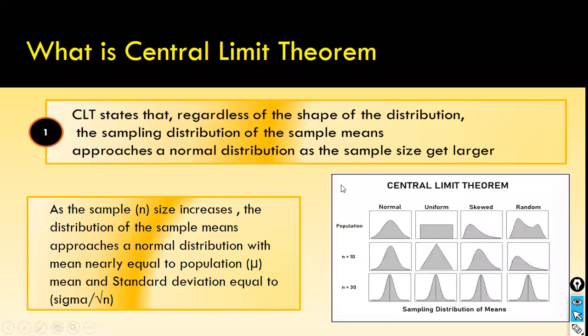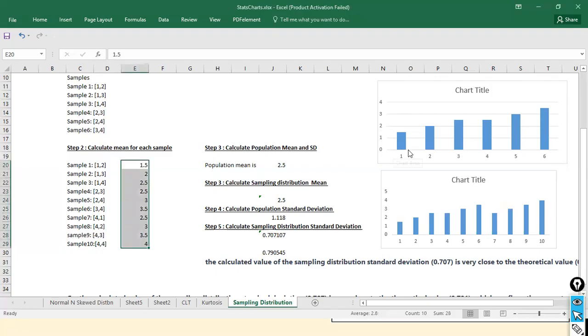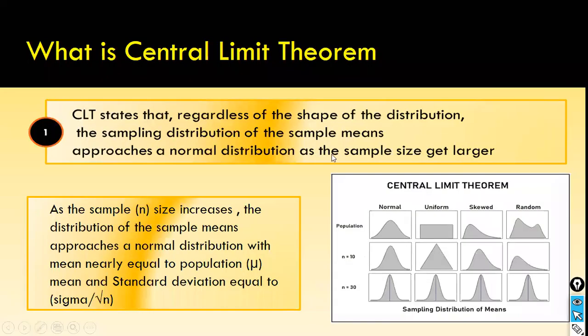So in the case of the central limit theorem, the sampling distribution of the sample means is formed from the means of different samples. If you plot these means in a chart, that is nothing but your sampling distribution.